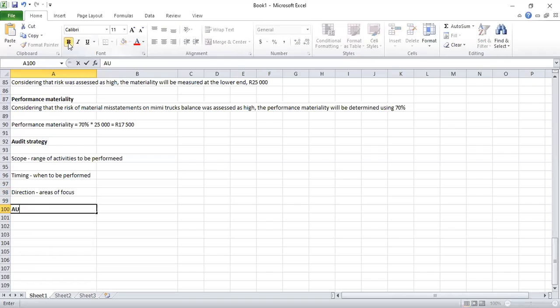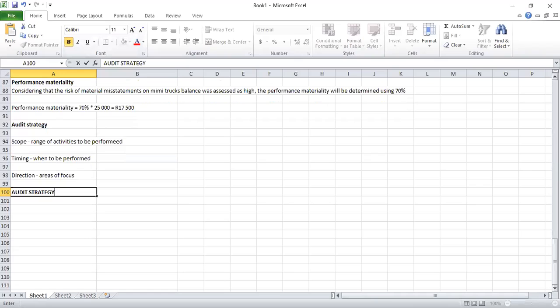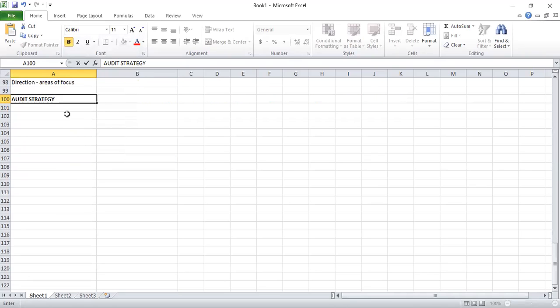Let me quickly talk about one or two, just very few things that I think can be important. You have to look at all the factors that can affect the scope of the audit.